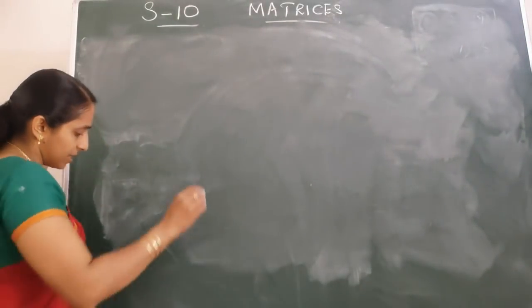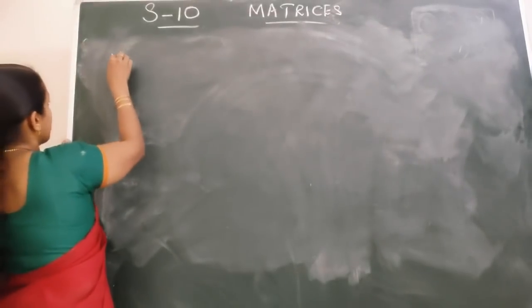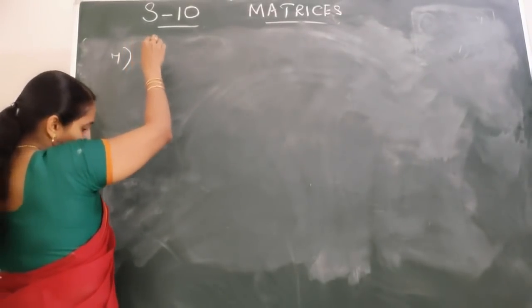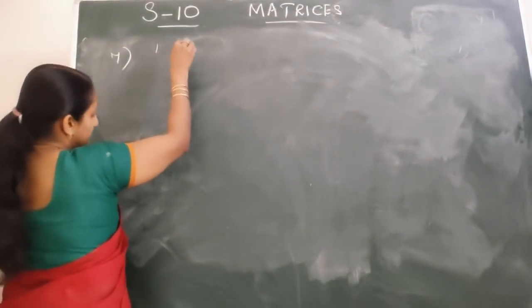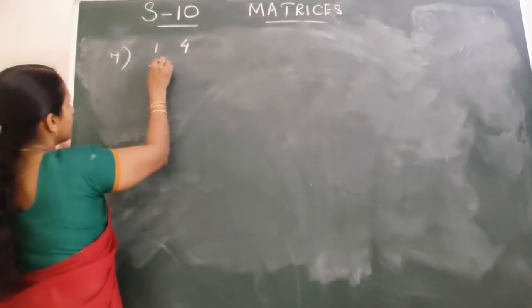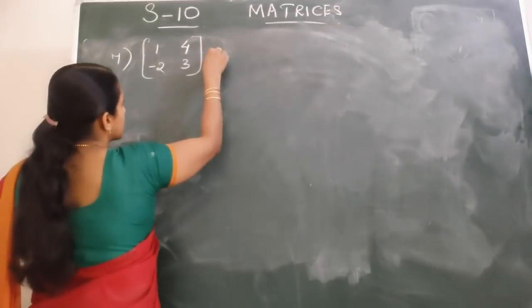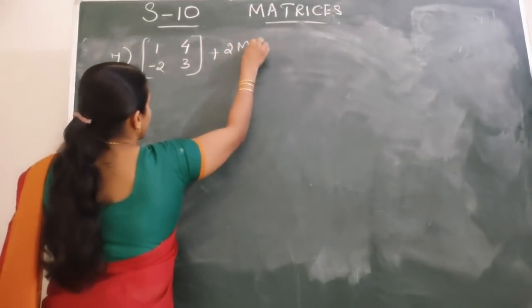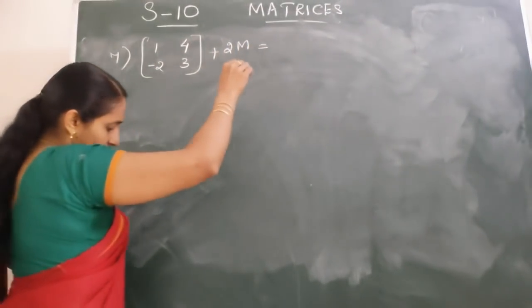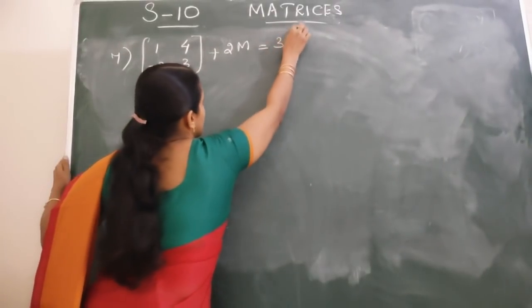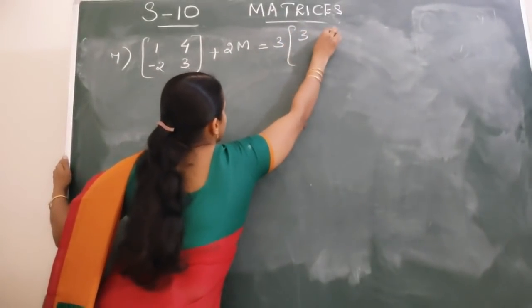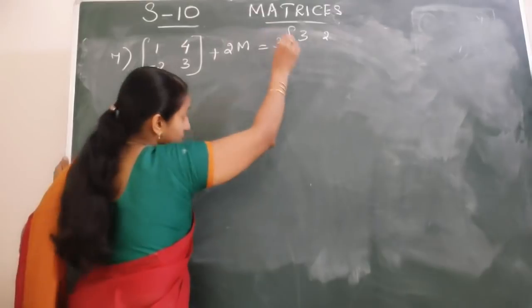What is given? Given that matrix [1, 4; -2, 3] plus 2M is equal to 3 times matrix [3, 2; 0, -3].